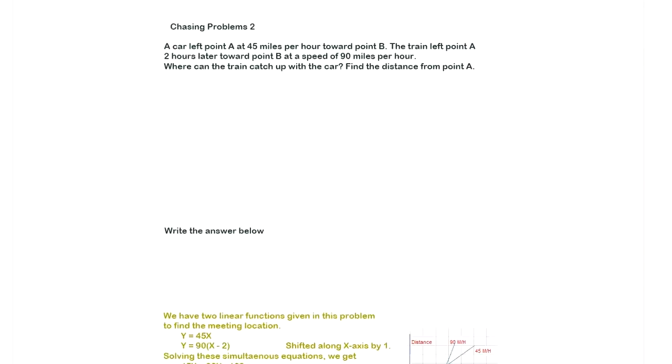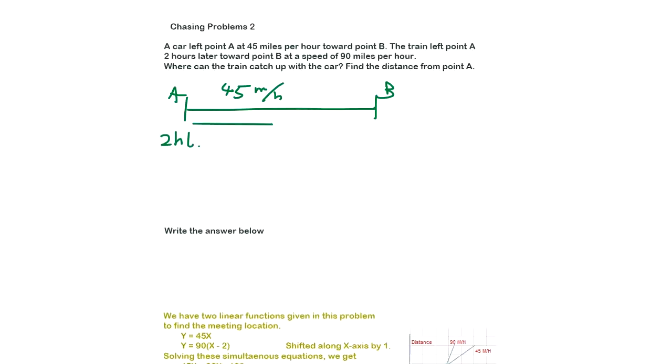Next question. A car left point A at 45 miles per hour toward B. Okay, again, A to B. The train left point A 2 hours later toward B, this time very clear, at 90 miles per hour.